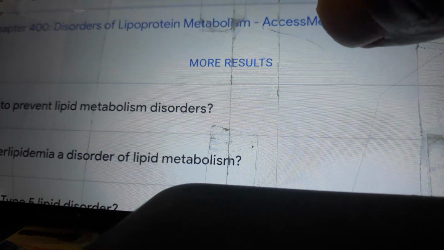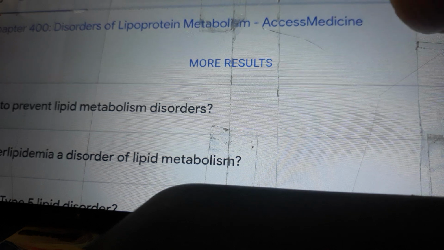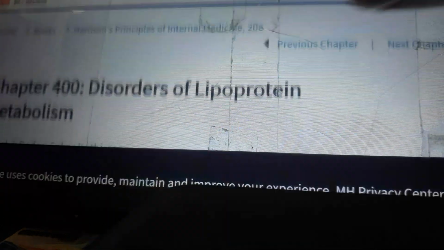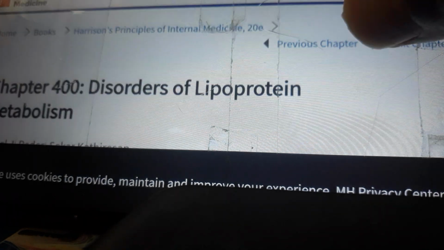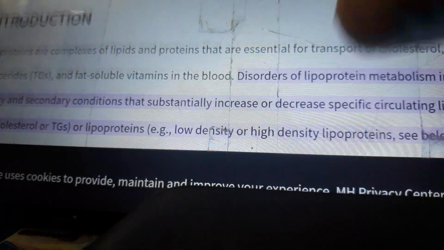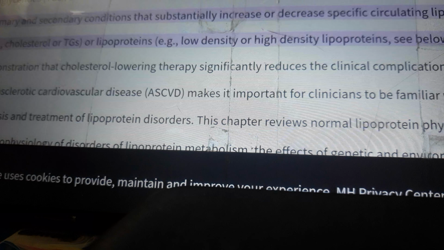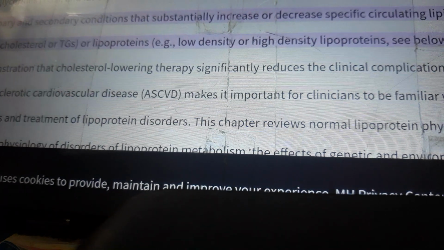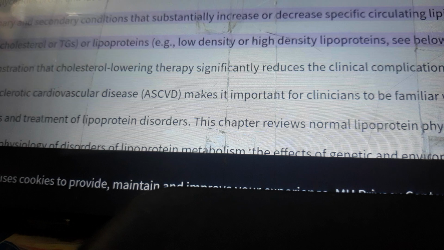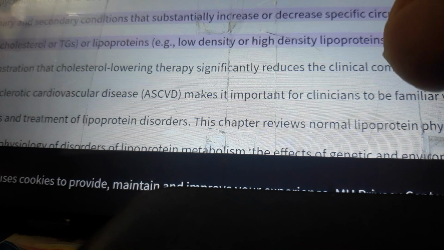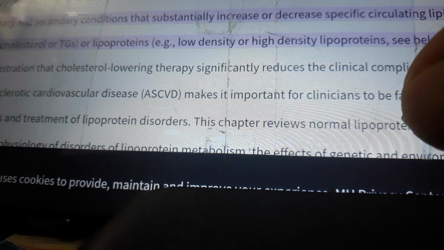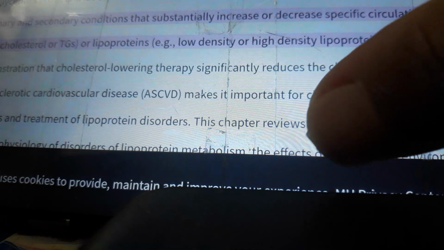If you check into this subject here, we would like more details, like disorders of lipoprotein metabolism, including primary and secondary conditions that substantially increase or decrease specific circulating lipids, such as cholesterols or TGs, and lipoproteins, low density, high density lipoproteins, etc.